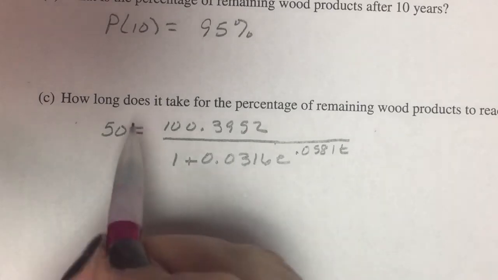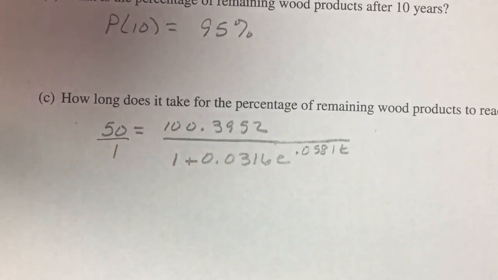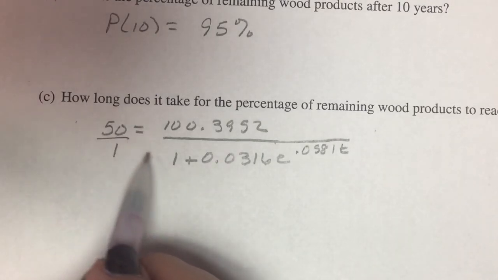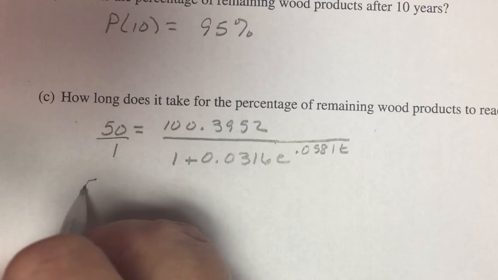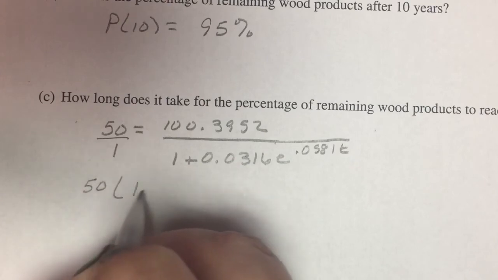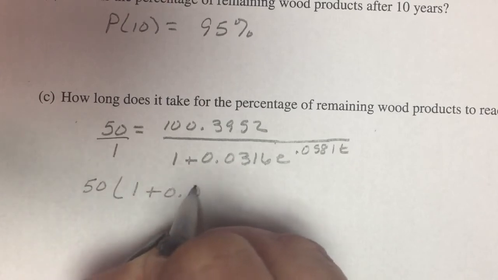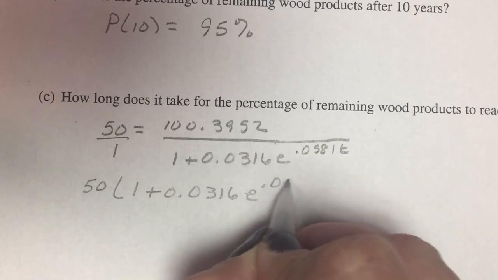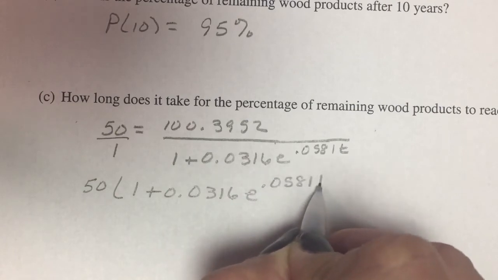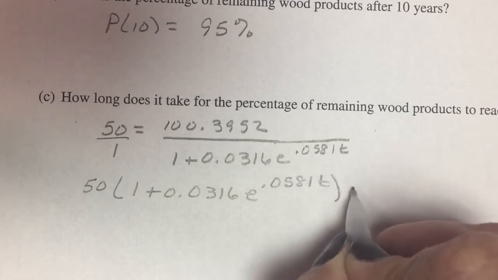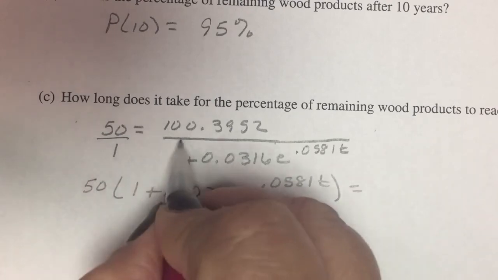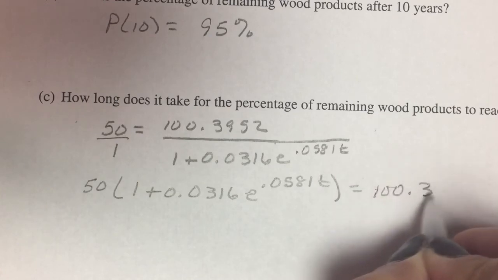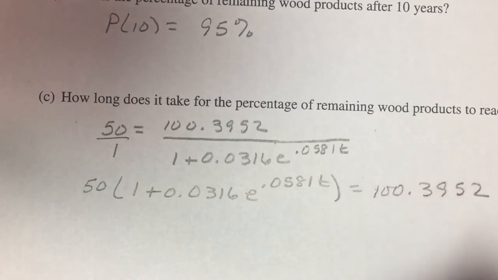The way I do it, the way I think it's the easiest, is to put a 1 in here and cross multiply. So when I cross multiply this way, I'm not going to distribute though. I'm going to leave it as 50 times 1 plus 0.0316 e to the 0.0581 t is equal to, and of course when I cross multiply that way, I'm going to get 100.3952.